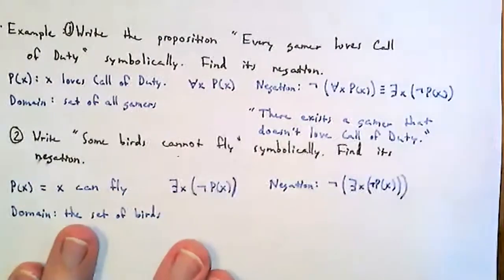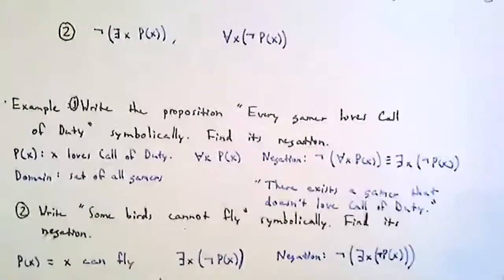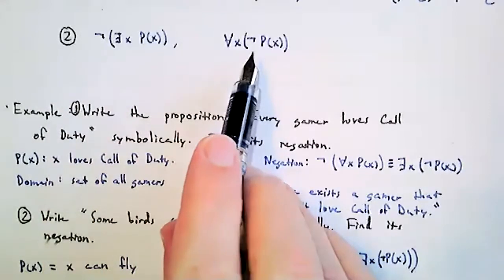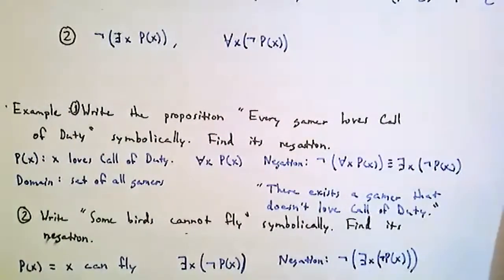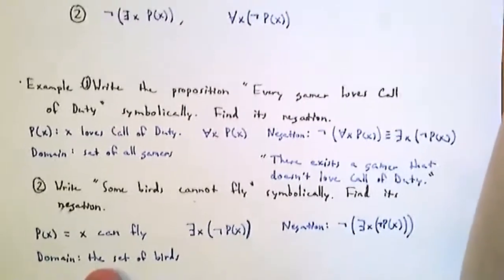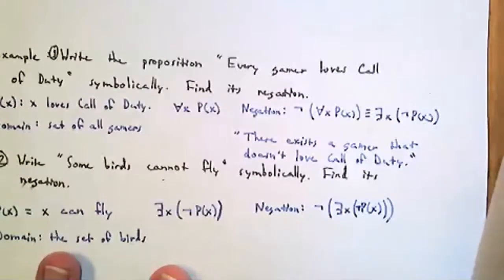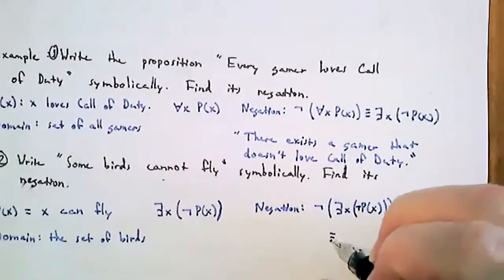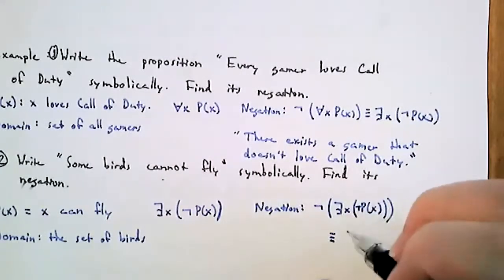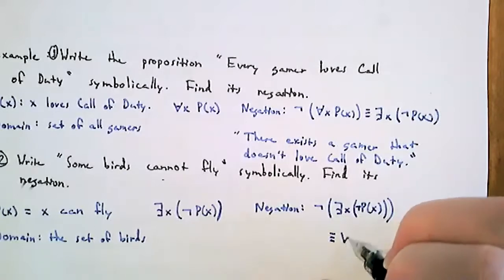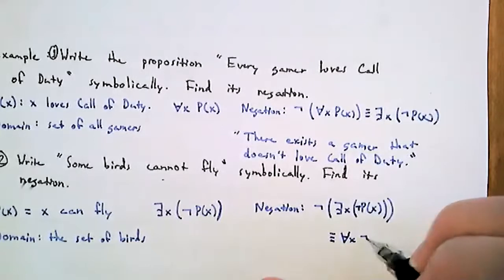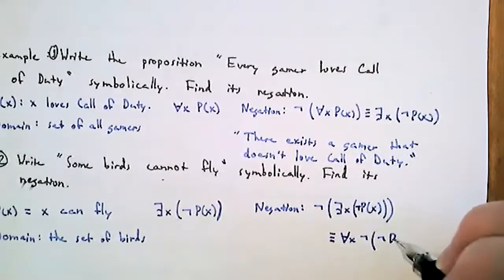And what we'll want to do is move that negation from the outside to the inside using the second of De Morgan's laws. So the existential becomes a universal. And then we have a negation of what we find on the inside.